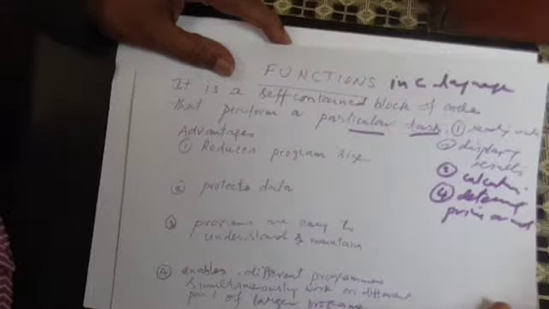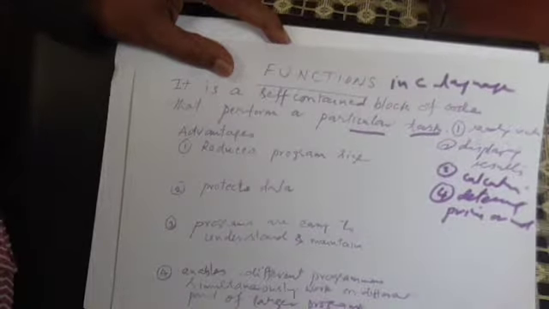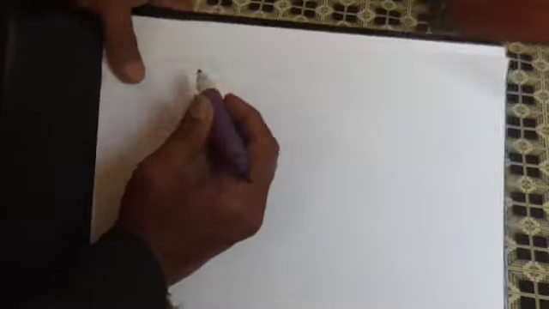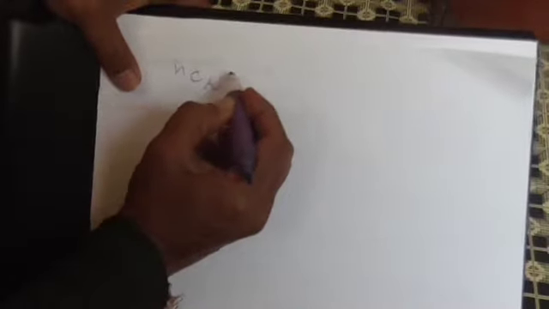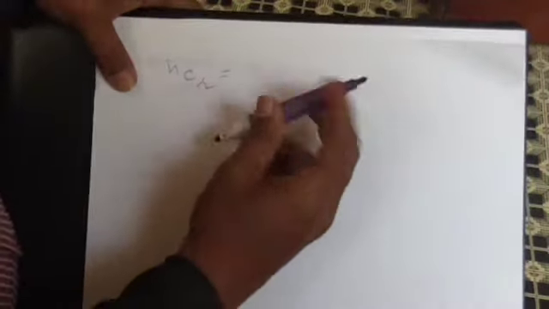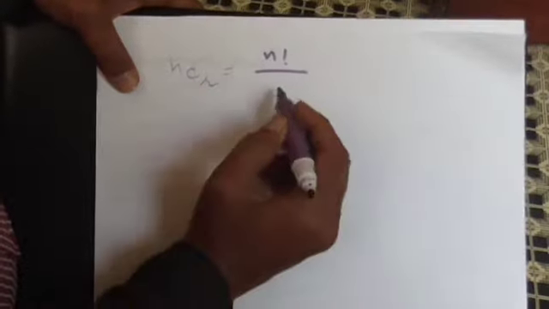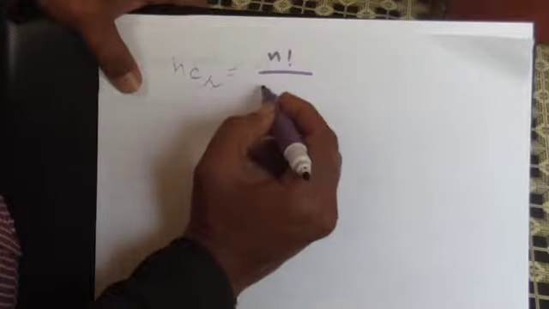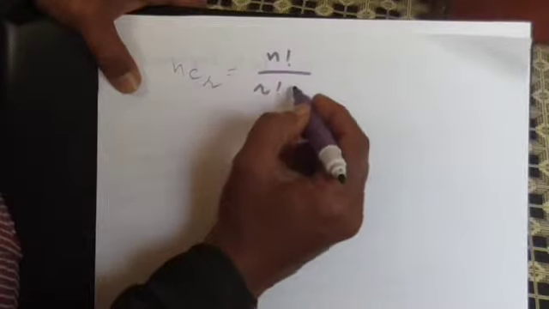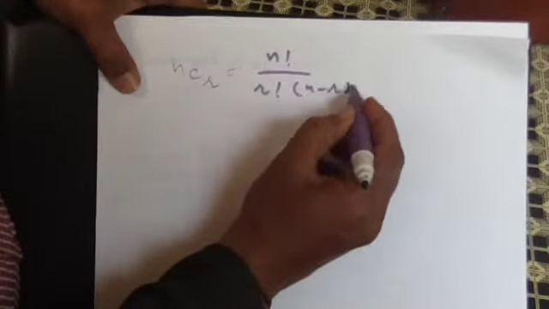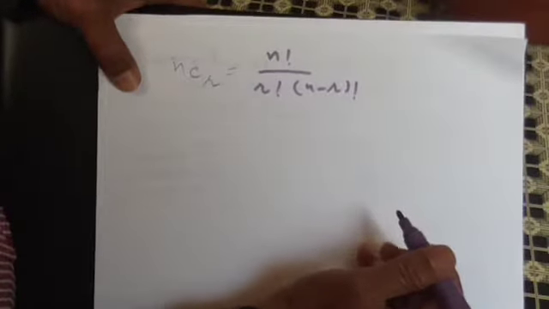If I go for the first example, reducing the program size, our idea is to calculate, let us say, NCR. Mathematically, NCR means calculating the value n factorial divided by r factorial times n minus r factorial.